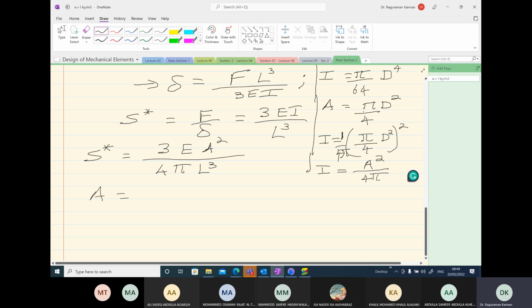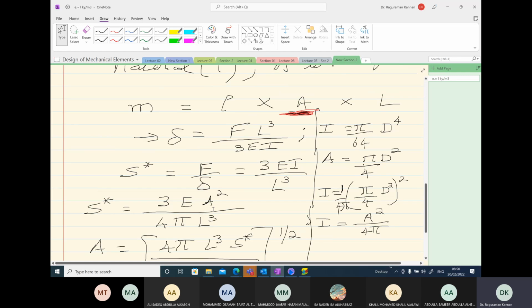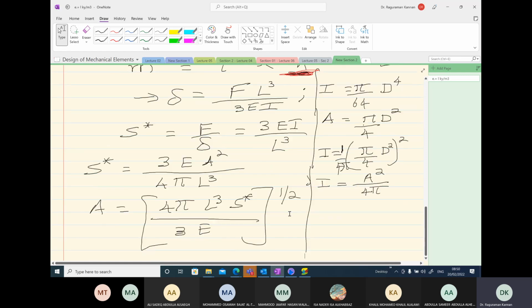A is the square root of something. Take all the terms to the other side: 4 pi L cube S star over 3E, to the power 1 over 2. Now take this expression and substitute inside the mass expression here.